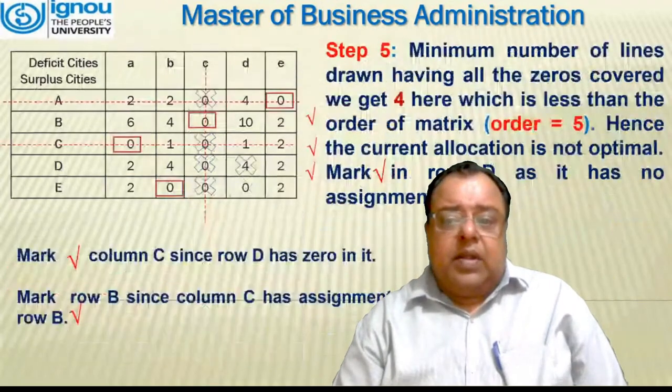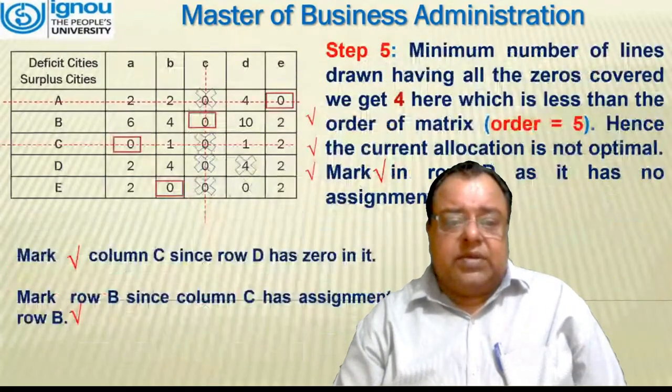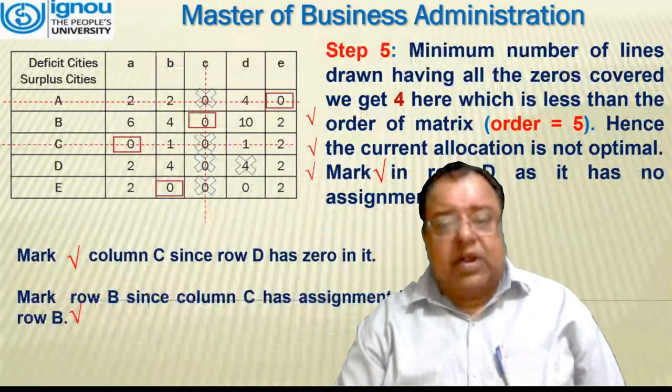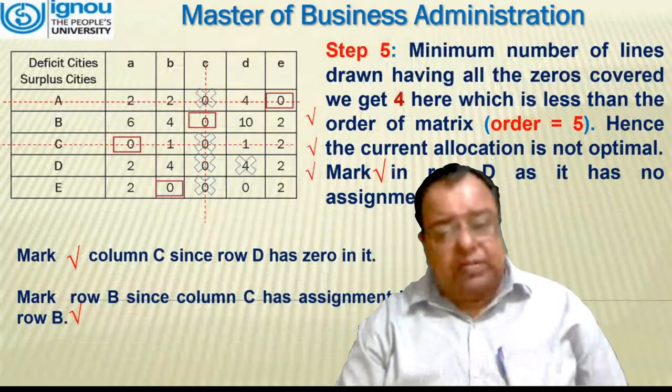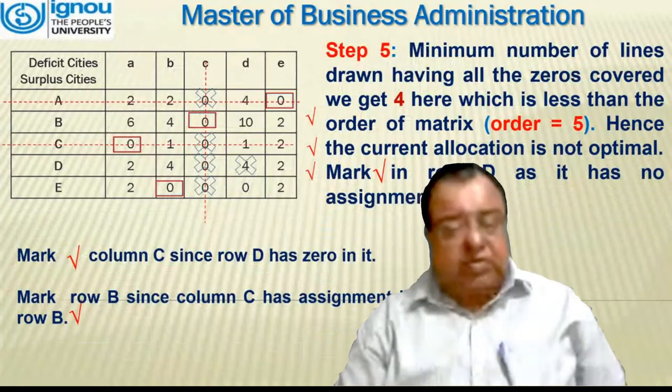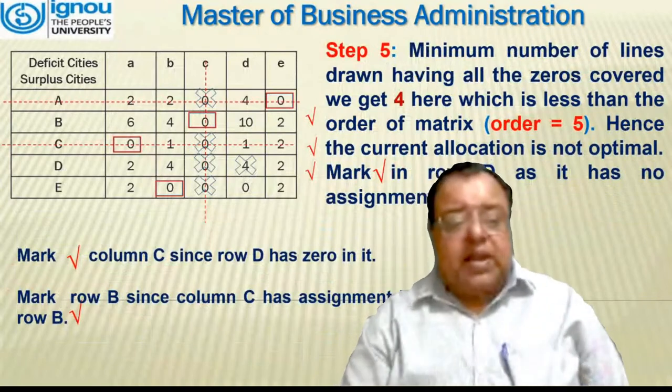Here, the number of lines drawn having all the zeros covered, we get 4, which is less than 5. Hence, this is not the optimal solution. Again, mark tick to row D as it has no assignment.